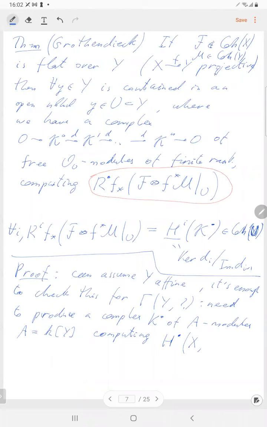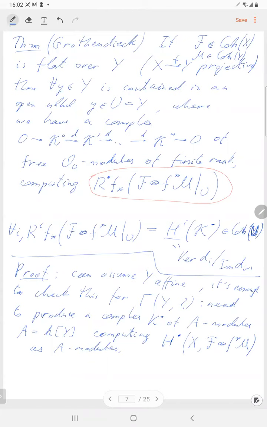Well, this Y is U. Okay. And the cohomology of X with coefficients in F tensor the pullback of M, computing this as an A module. So that's what we have to compute.